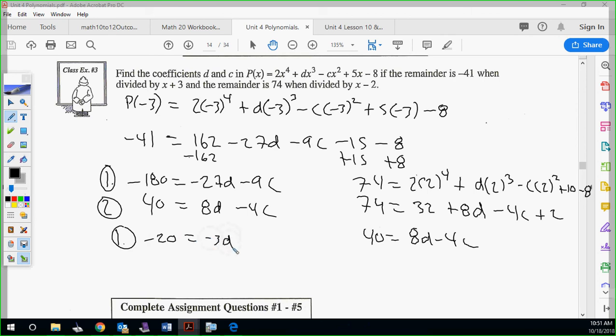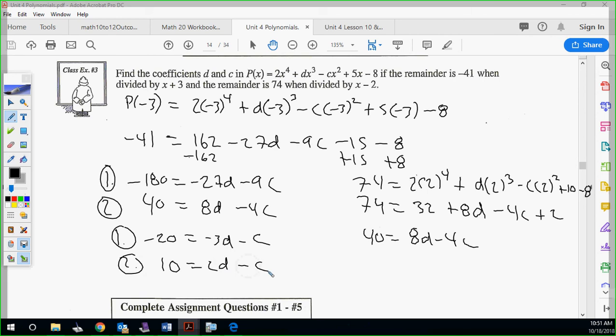Negative 9 becomes negative 1. I divided 9 to everything, so it doesn't go somewhere because you did it to both sides. Okay, this one 4 to everything. So then that's going to be 10 equals 2d minus c. Cool. Now we're where we want to be.